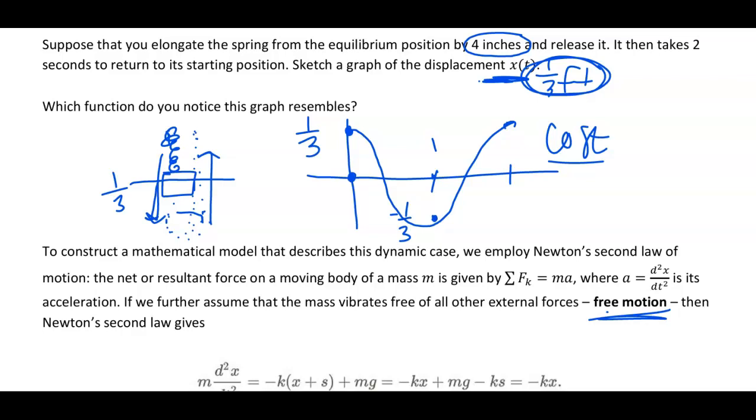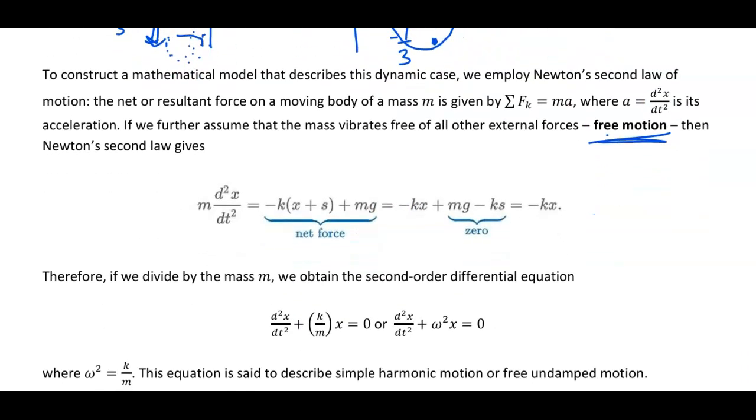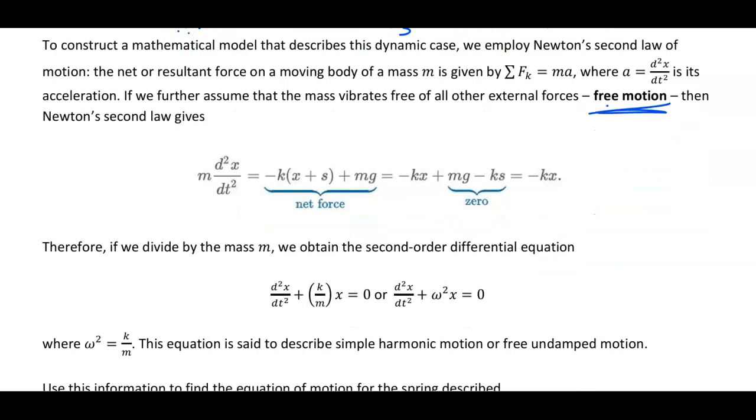Now there are some theoretical reasons as to what we're going to set up next. Just stick with me as I overview this. Newton's second law of motion is that the sum of the forces is mass times acceleration. And acceleration is the second derivative of position.